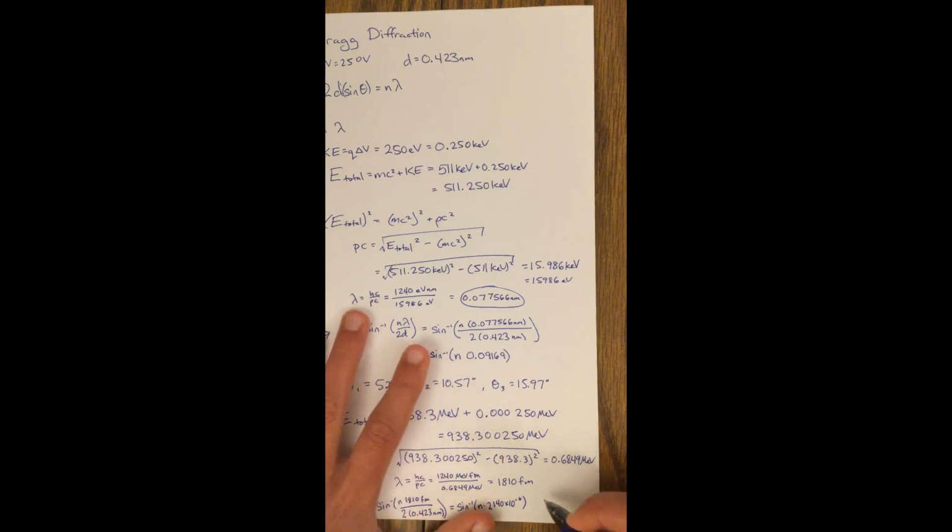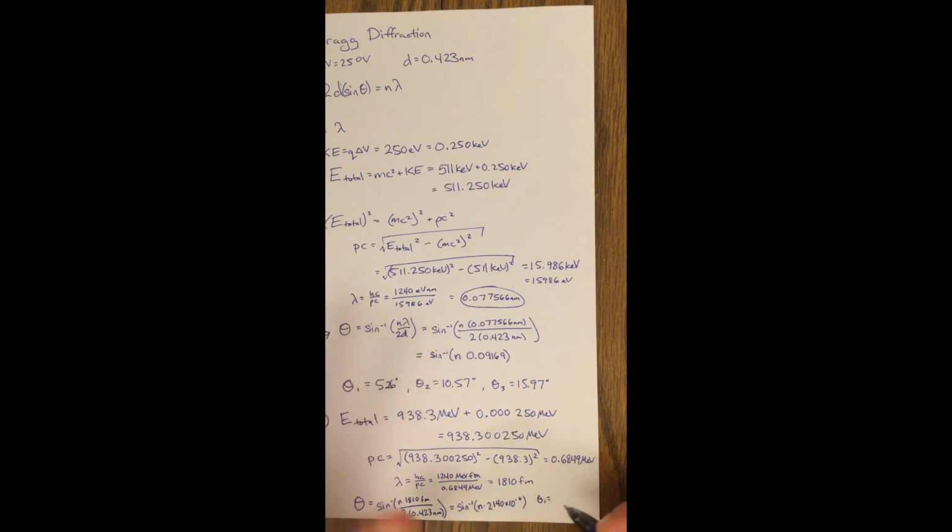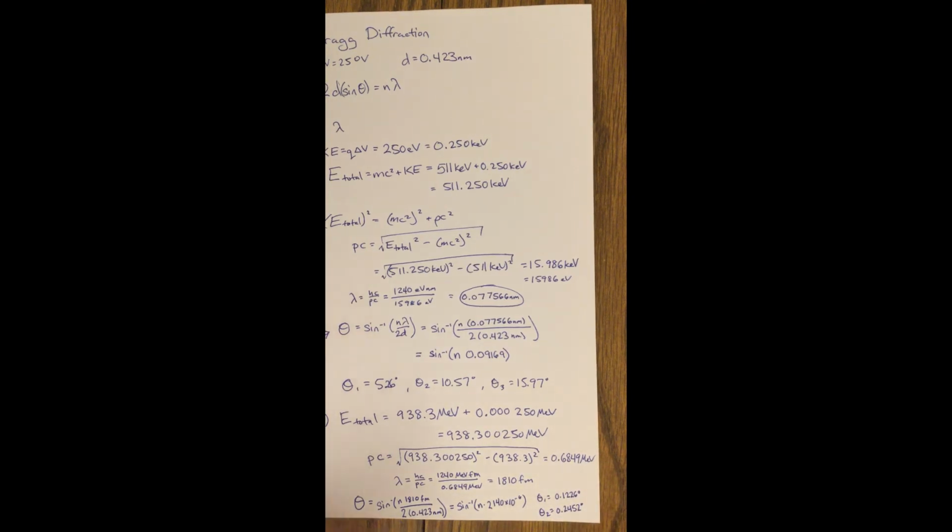And then putting in 1 for n, we get 0.1226 degrees. And if we put in 2, we get 0.2452 degrees. And they asked us for part C if the maxima are resolvable.